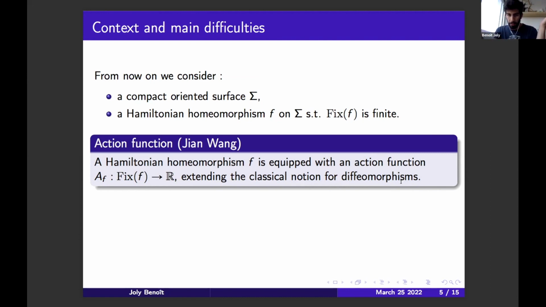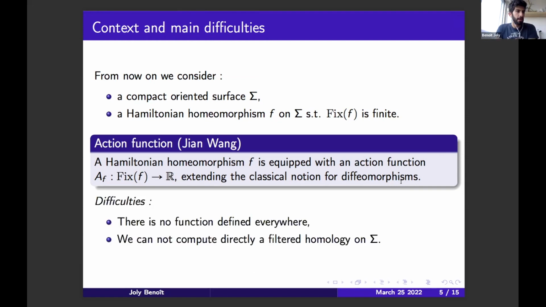The main problem is that if you consider two fixed points of f, you may not find an isotopy fixing both of those fixed points. So it's more complicated, and you have to consider isotopies on the universal cover of the surface to reconstruct the action function.